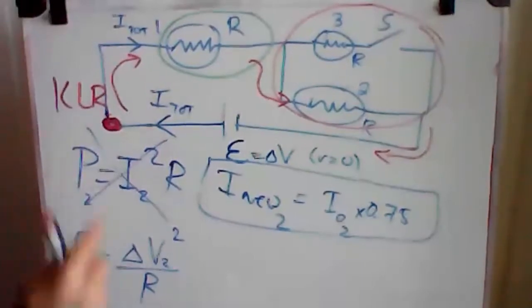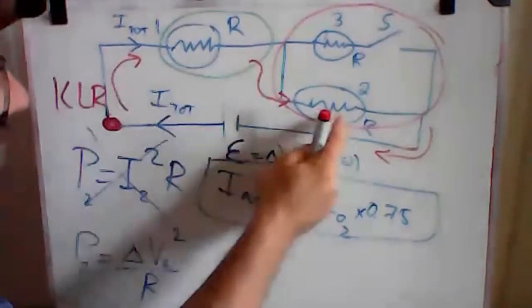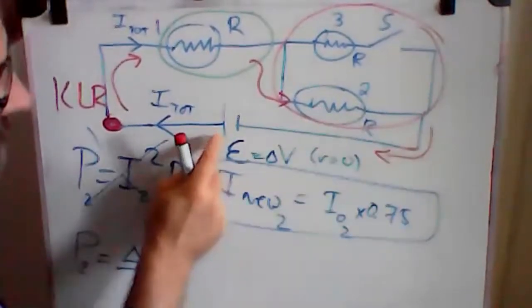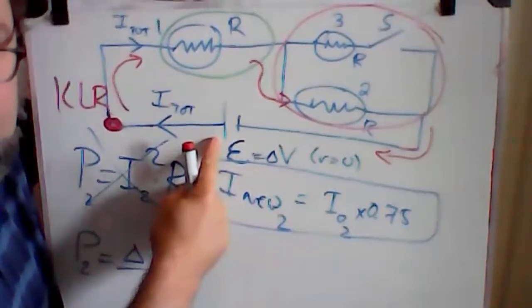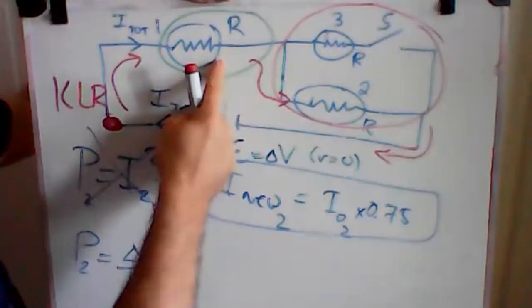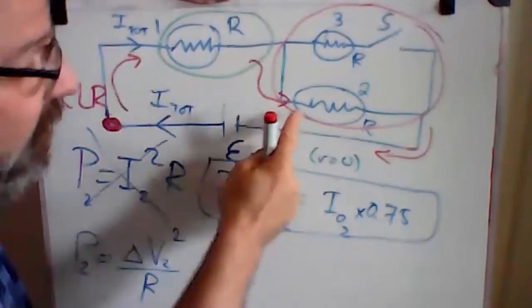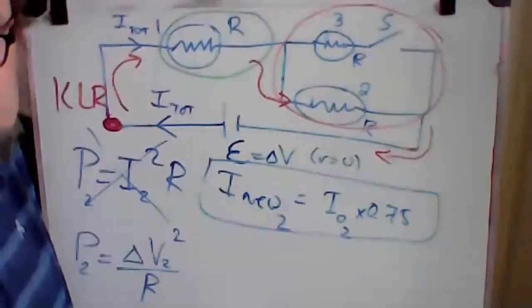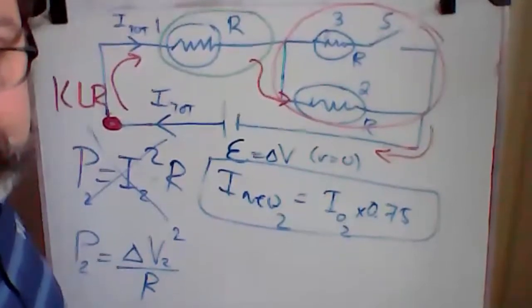The total potential drop through resistor 1 and resistor 2 needs to equal the overall potential boost provided by the battery. But that means if the first resistor has a bigger potential drop, then the second one has a lower potential drop, and therefore this light bulb is less bright. I feel that's a little bit easier, but either explanation would be good.